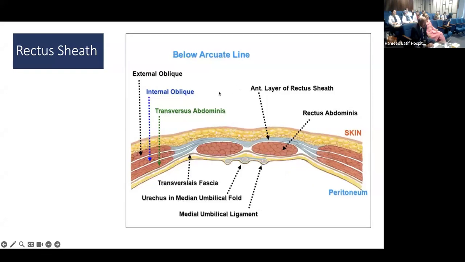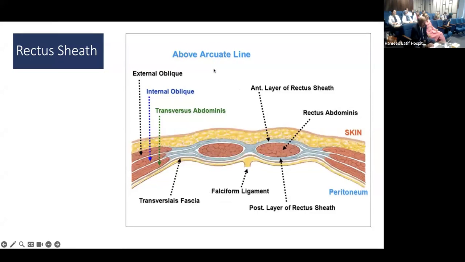We were looking at this above the arcuate line, and this is the falciform ligament, which goes towards the liver and divides its left and right lobe, and provides support to the liver also.